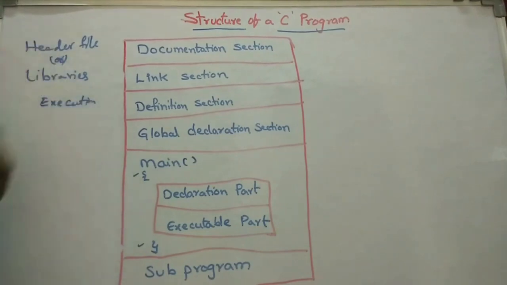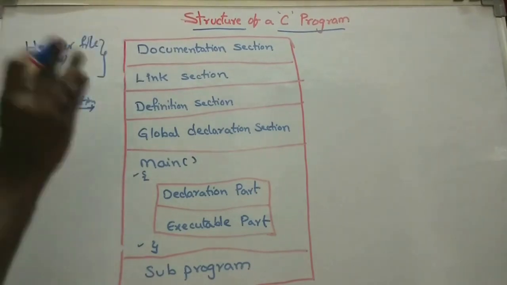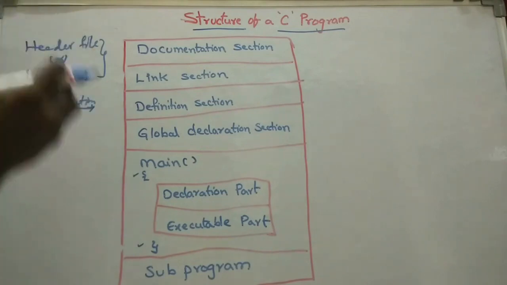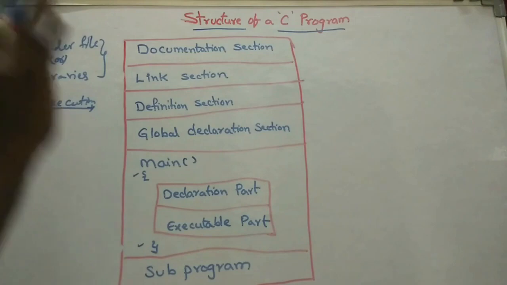Based on these libraries or header files, we can execute your program. That means these two header files are compulsory for successful execution of your program. Those header files we have to link in your program.